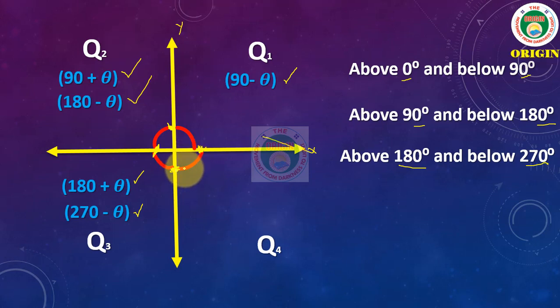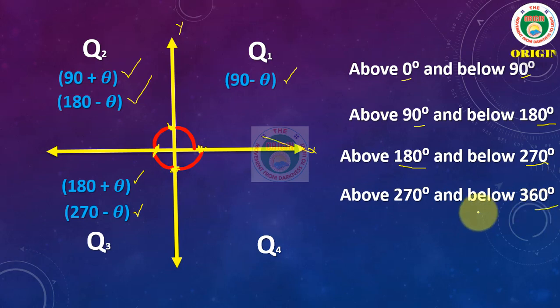So above 270 and below 360 we are writing here. The angles are 270 plus theta, that means above 270, and 360 minus theta, below 360. In this quadrant these two values are existing.